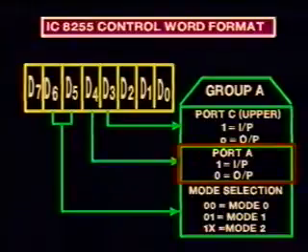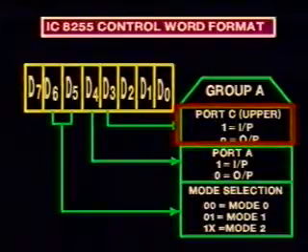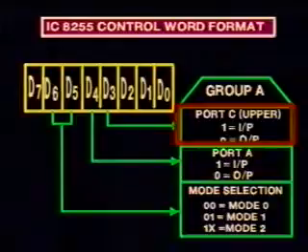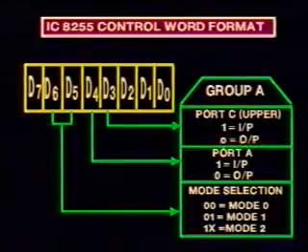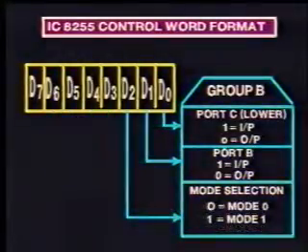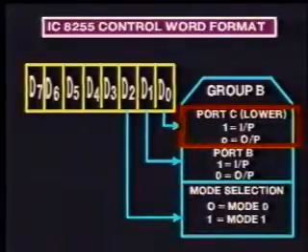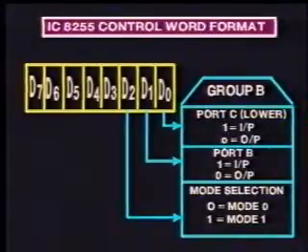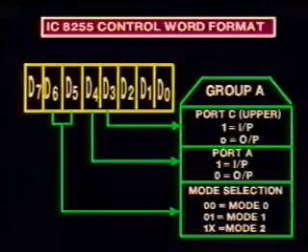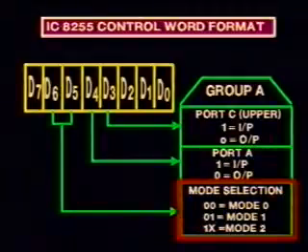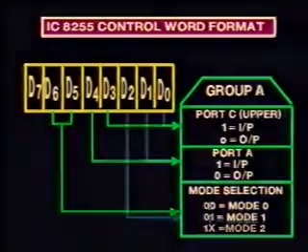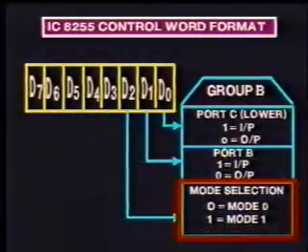Port A and upper half of port C are grouped together and called group A. Port B and lower port C form group B. Group A can operate in mode 0, mode 1 and mode 2, while group B can operate only in mode 0 and mode 1.